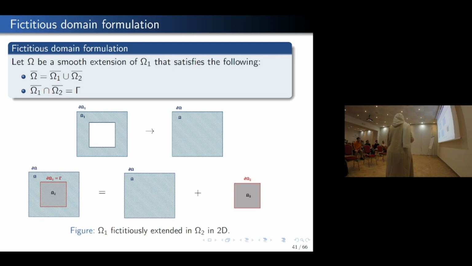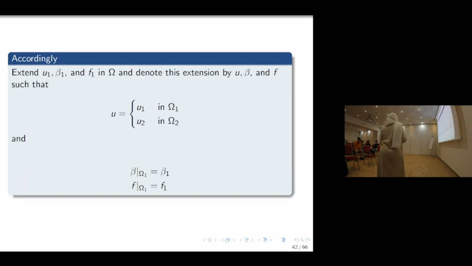Now our problem consists of two domains, omega and omega 2, that can be considered independent. Accordingly, we extend U1, beta 1, F1, and we call those extensions U, beta, and F, such that U restricted to omega 1 is U1, U restricted to omega 2 is U2, beta restricted to omega 1 is beta 1, and F restricted to omega 1 is F1.